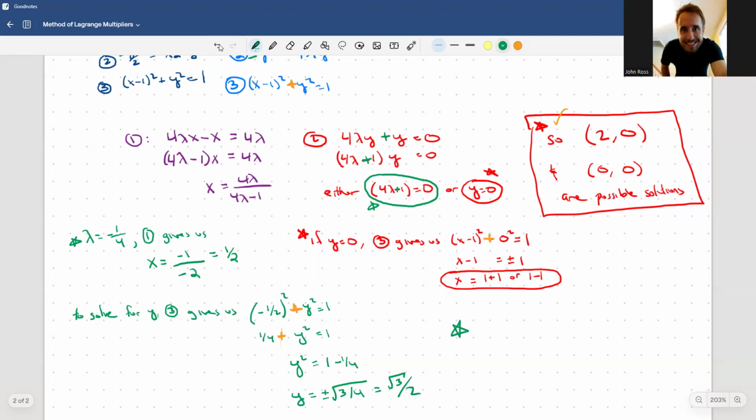Well, when the dust settles, and assuming we haven't made any more silly mistakes, x value was 1/2, y value was plus or minus root 3 over 2, and so we're going to get 2 more solutions here. 1/2, comma, root 3 over 2, and 1/2, comma, negative root 3 over 2 as possible solutions.